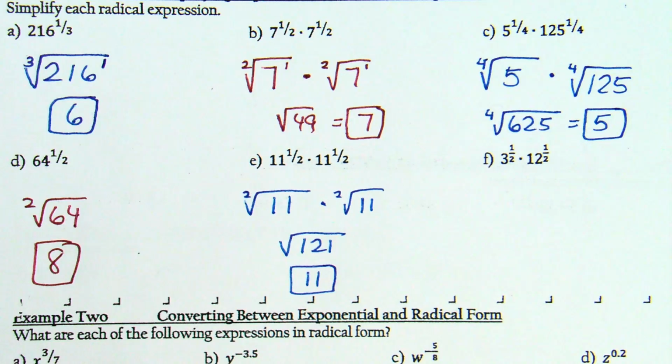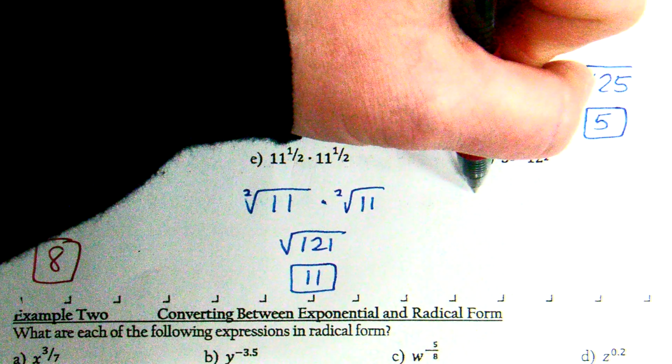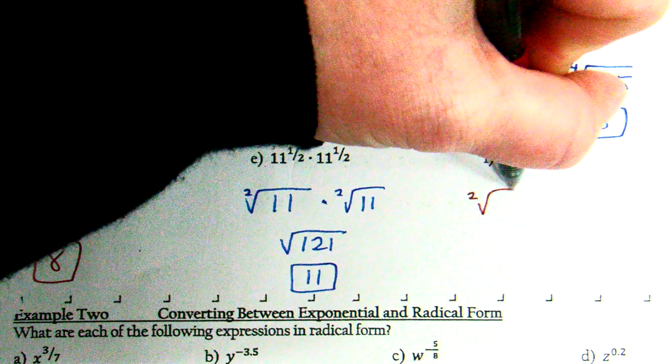Okay. 3 to the 1/2 times 12 to the 1/2. Now, see, this is one where my exponent rules don't work because my bases aren't the same. So I can't just multiply those and go from there. So, what do you know about 3 to the 1/2? What is that saying? Square root of 3.